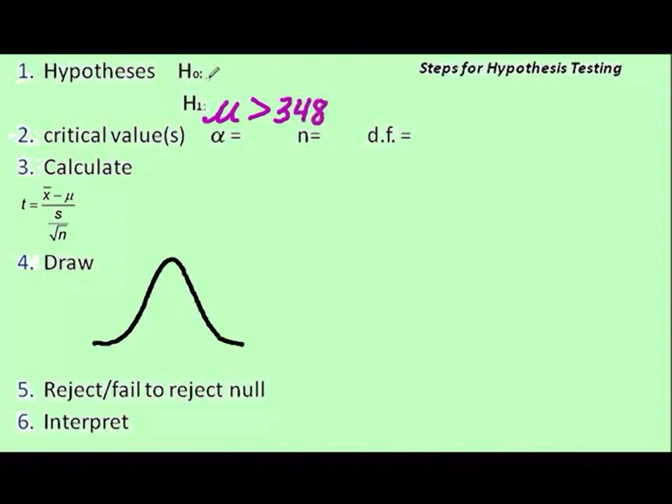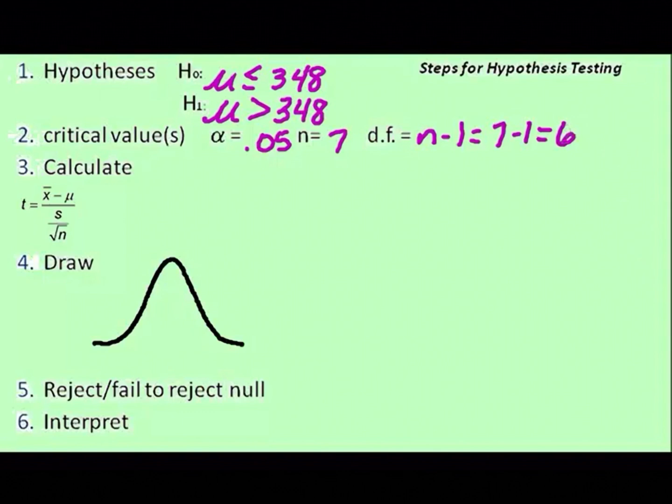So they would say less than or equal, and the null always has equal, 348. Alpha was given as 0.05. There were 7 in our sample, so our degrees of freedom, n minus 1, becomes 7 minus 1, or 6.